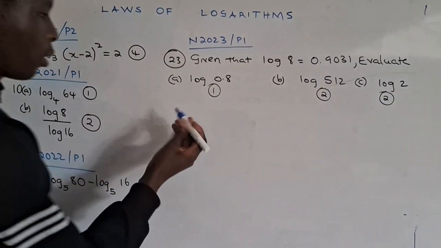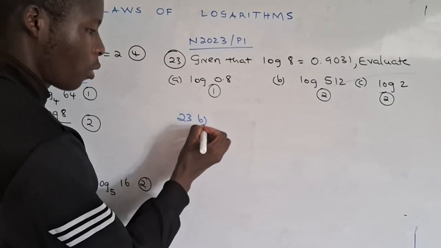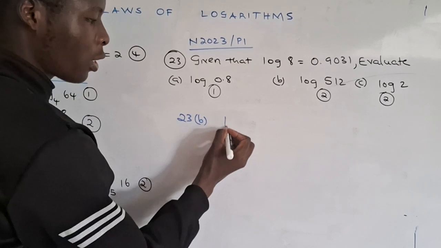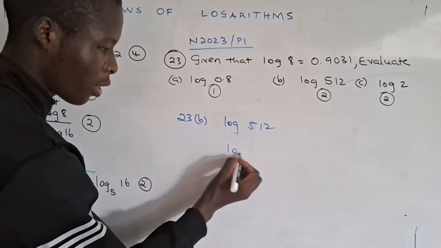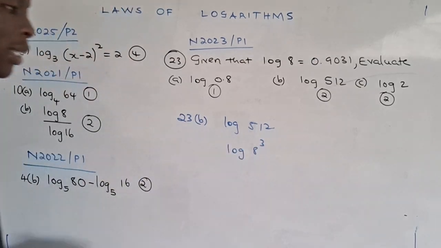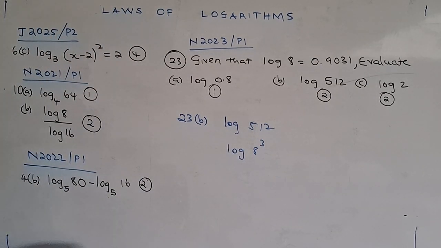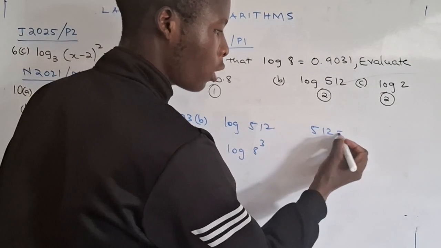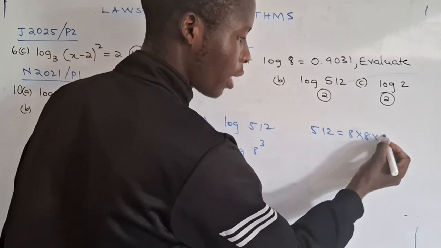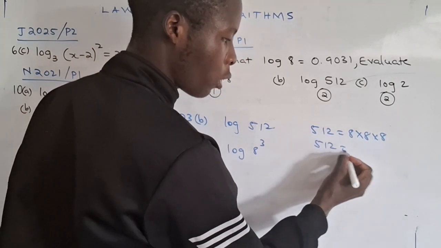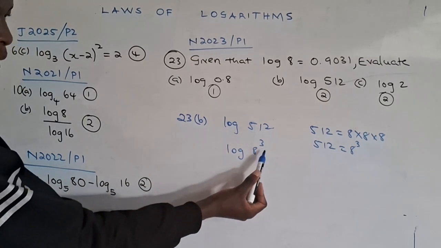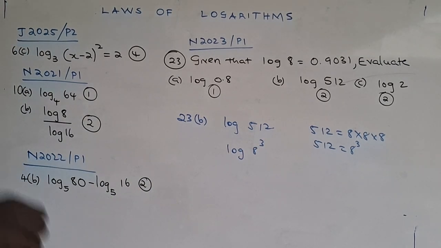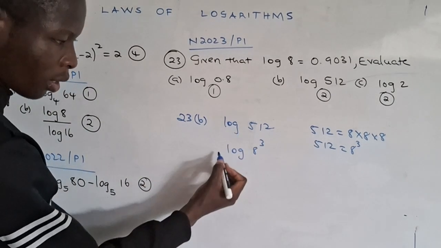23 B. The logarithm of this number, log 512. This is nothing but log 8 to the power what? To the power 3. See, 512 is equal to 8 times 8 times 8, so 512 is equal to 8 to the power 3. So I'm removing this and writing 8 to the power 3. Using the laws of logarithms, you bring 3 to this side.